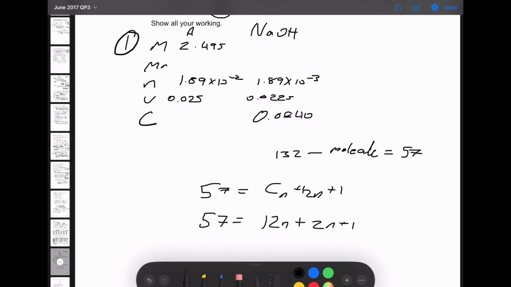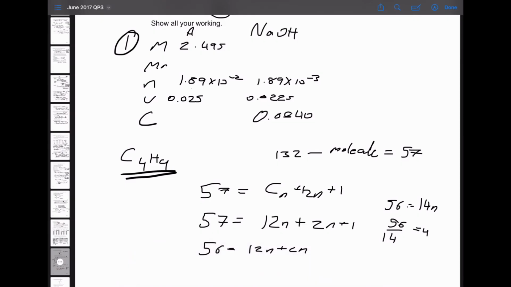We can then move the 1 to the other side, so 56 is equal to 12n plus 2n, which means 56 is equal to 14n. 56 over 14 gives us 4, so n is equal to 4, so the carbon chain is going to be C4H9. So now we have done part 1.